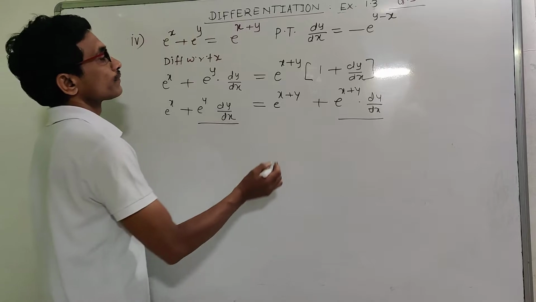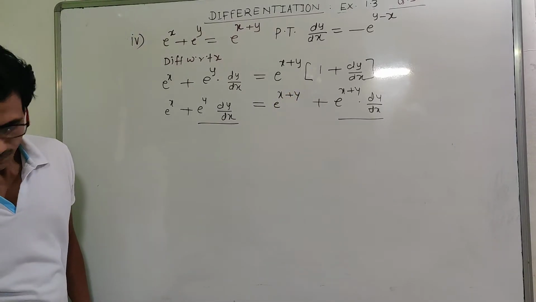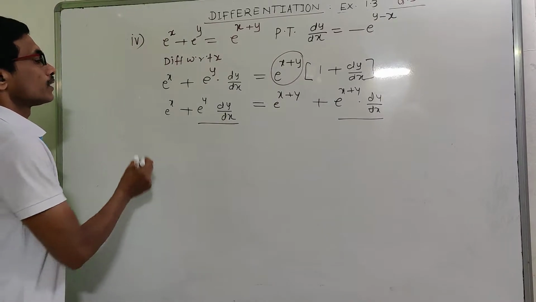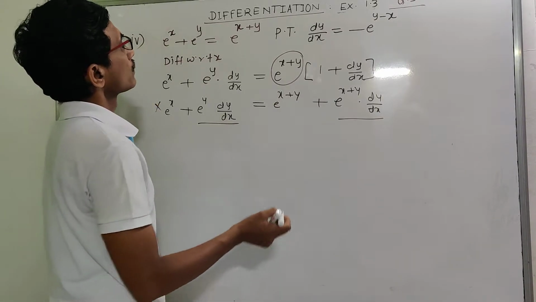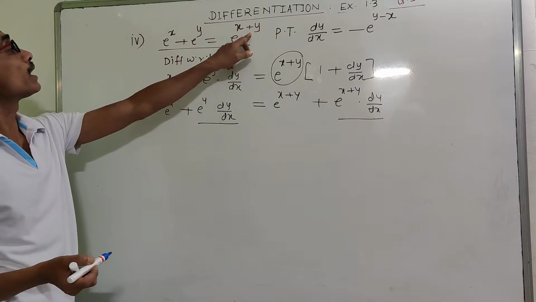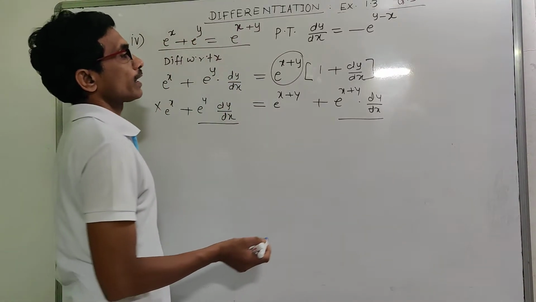Before this, we use that e raised to power x plus y, this is given that e raised to power x plus y is e raised to power x plus e raised to power y.